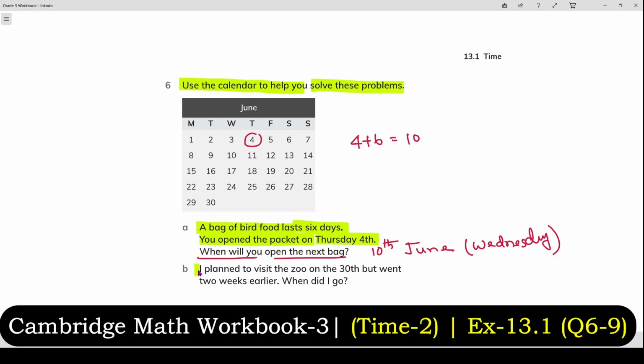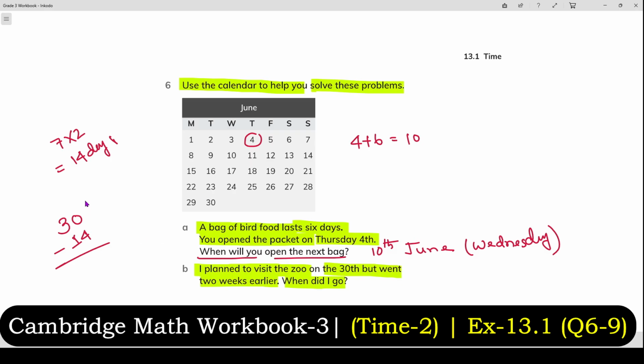Question B. I planned to visit the zoo on the 13th but went 2 weeks earlier. When did I go? Two weeks means 7 times 2, that means 14 days. So earlier means 30 minus 14. We can use this calendar.